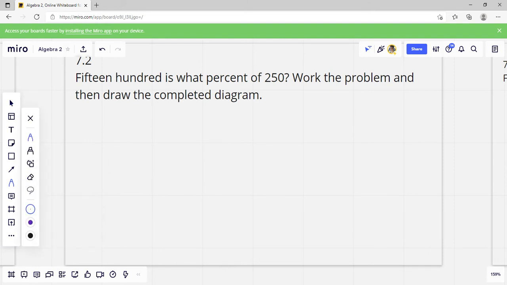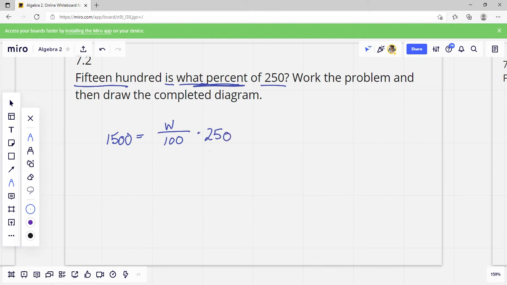All right, so we're going to start with this number, 1500, and then we get "is," so that's going to be equals. What percent? So that means our W is going to go over 100, because that part's our percent, of 250, so times 250.